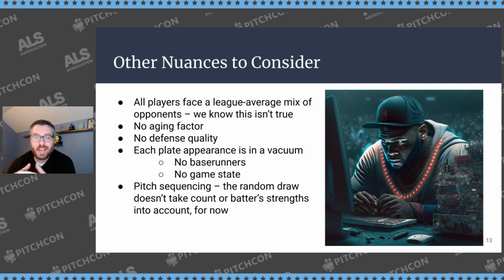Okay, no aging factor. Now, I think this is by design in some cases. We've seen over the last few years that players' aging curves are changing rapidly, and there are players who are more successful later in their careers than any projection system would have thought.